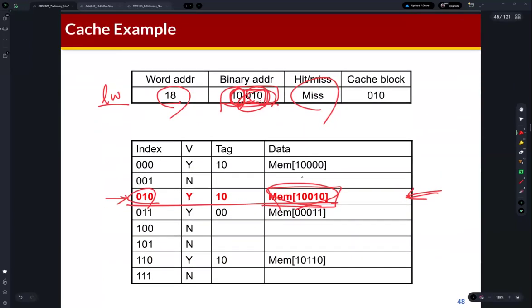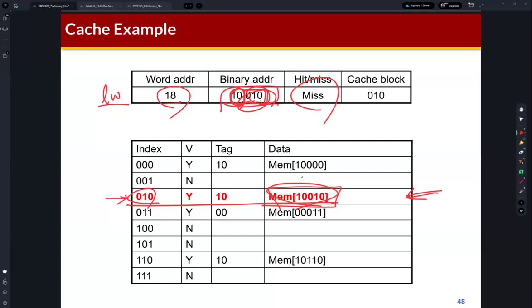Okay, so this is the cache replacement. Do you understand? So this is the cache miss because the tag is not matched. So new data needs to be allocated, but then existing data needs to be evicted from the cache.